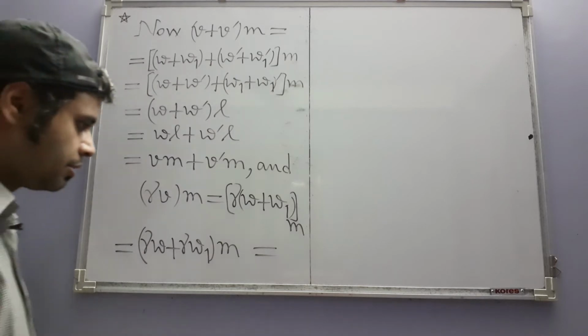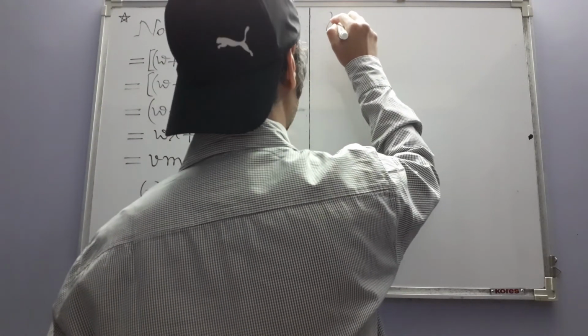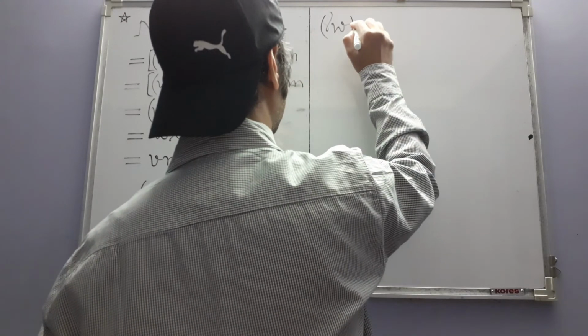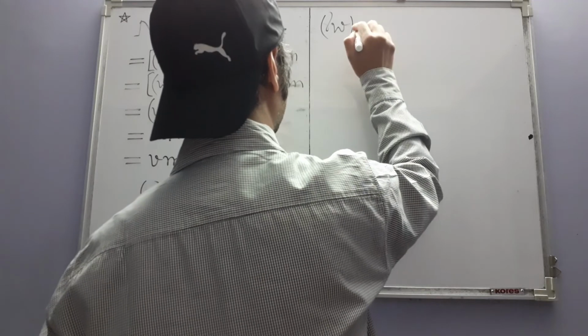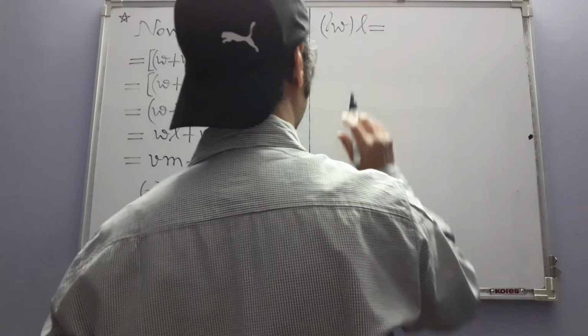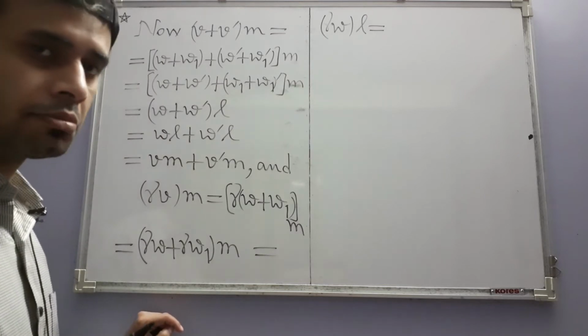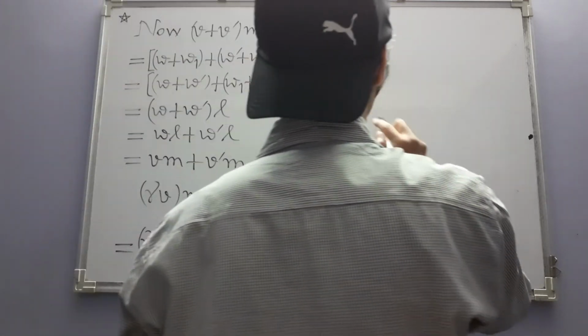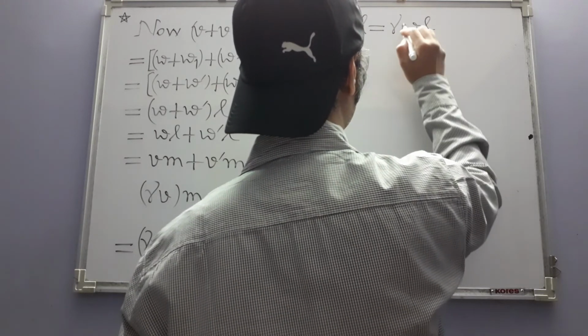So this will be equal to gamma w M, L. Now L is a linear transformation with domain W, and this w is coming from W, so L respects multiplication by scalar.